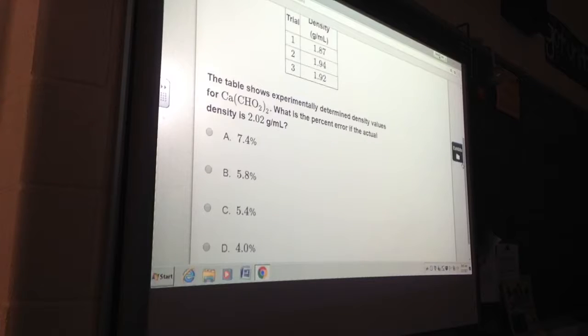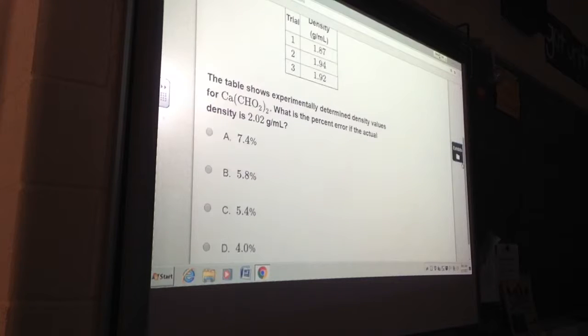What is our percent error equation? PE equals M minus A, divided over A, times 100. What is the value of M in this problem? 1.91. How do you get that? You get the average. So measured is 1.91 minus 2.02, the quantity divided by 2.02, the quantity times 100.